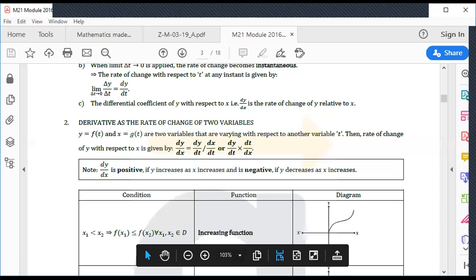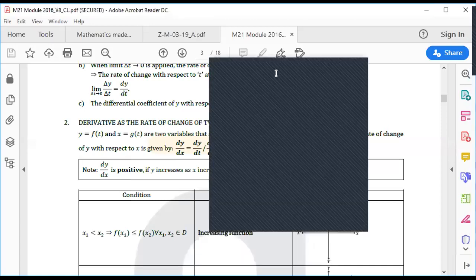Okay, now, so is this screen visible to you? Can you see this M21? Okay.